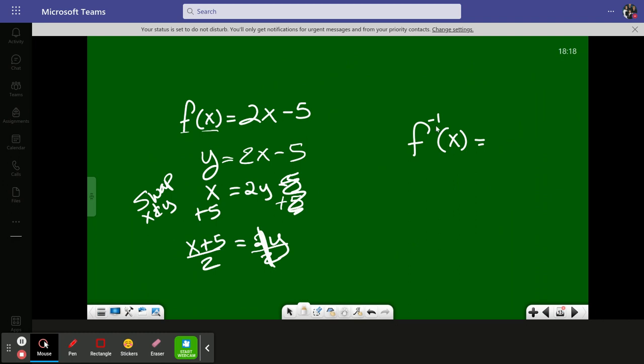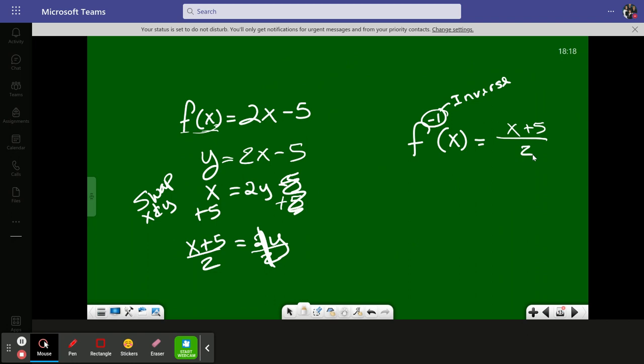So my inverse, and that's that word right there, that negative one gives me the word inverse. The inverse function of this f of x is going to be x plus 5 divided by 2.